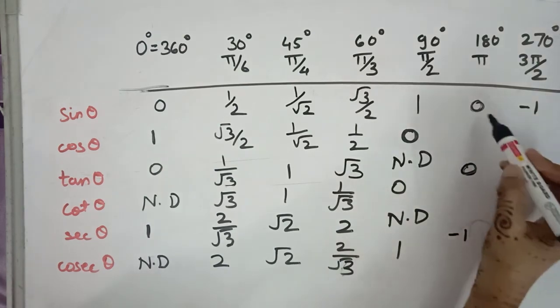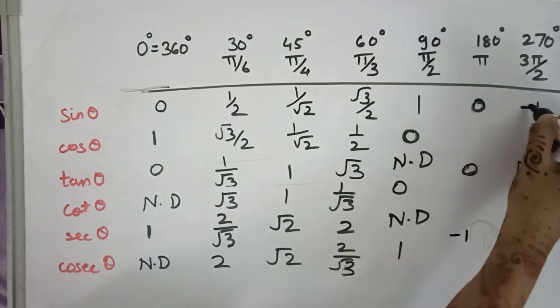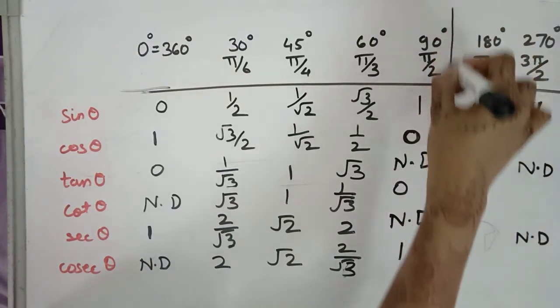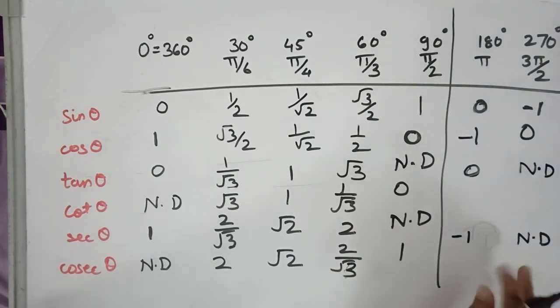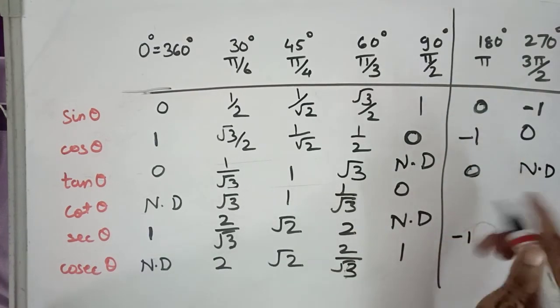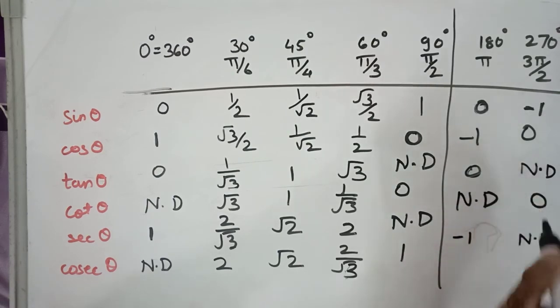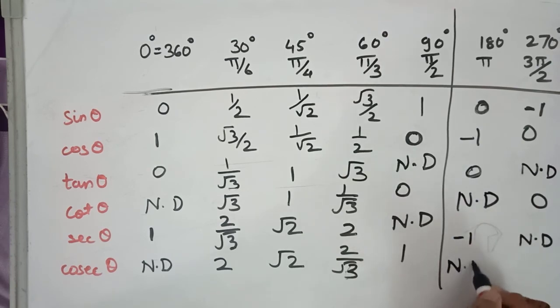Next is 180 and 270. Sin 180 is 0 and sin 270 is minus 1. So cos will be the reverse, that is minus 1, 0. Similarly, tan is 0 and not defined, so cot will be not defined, 0. Next, sec is minus 1 and not defined, so cosec will be not defined and minus 1.